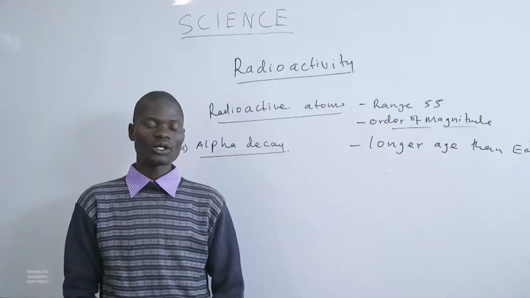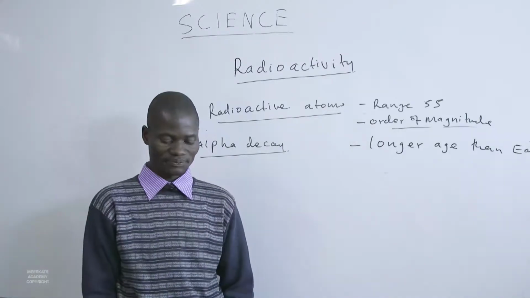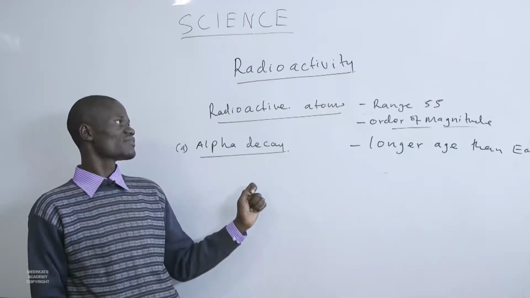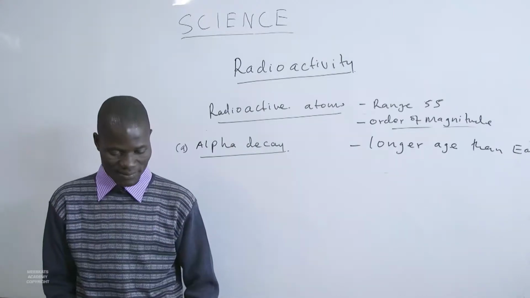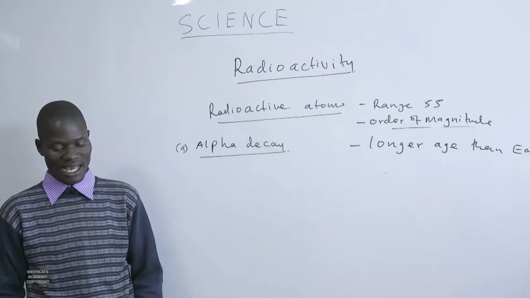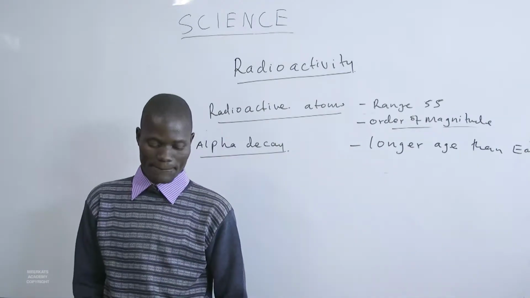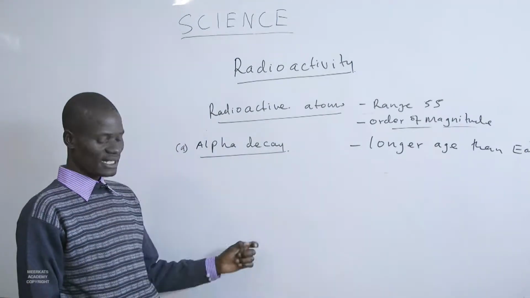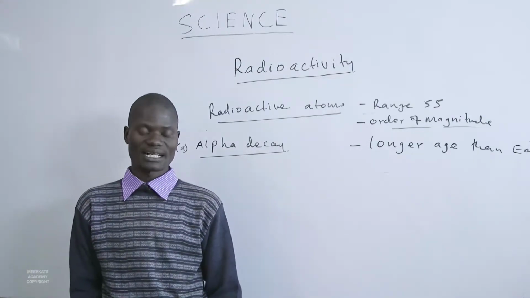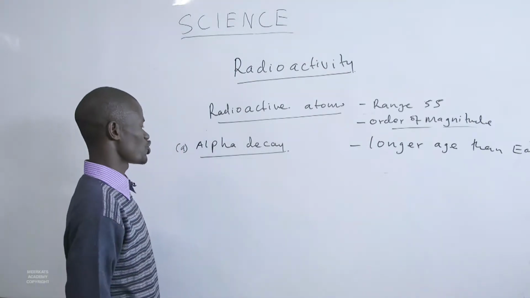Alpha decay is a type of radiation, a radioactive decay in which the atomic nucleus emits an alpha particle, and thereby it changes into an atom whose mass number has decreased by 4.